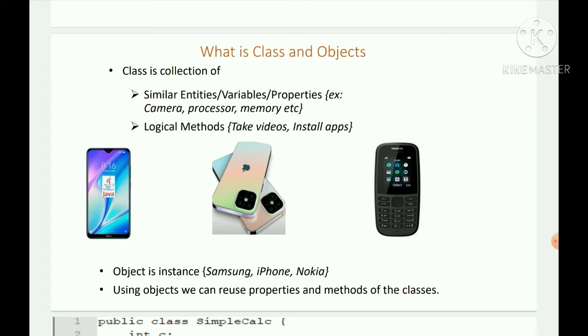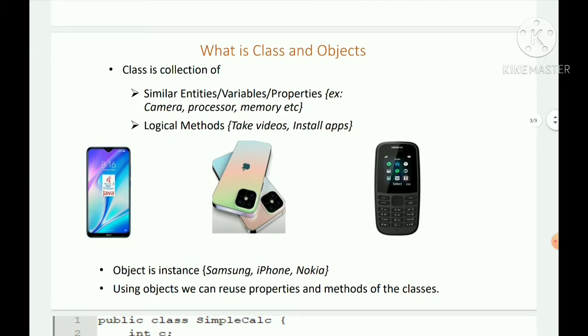So what is a class? A class is like a collection of entities, variables or properties you can declare, and you can write methods, that is functions, inside the class. If you declare any entities or variables, you can write operations using those variables and properties.